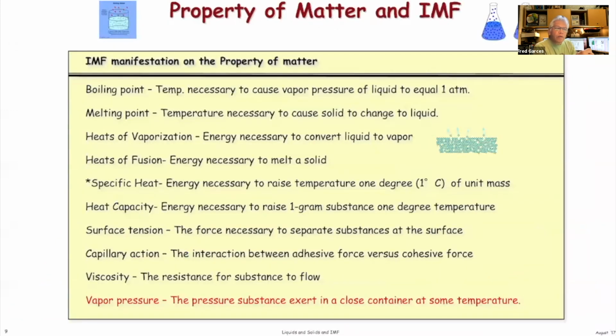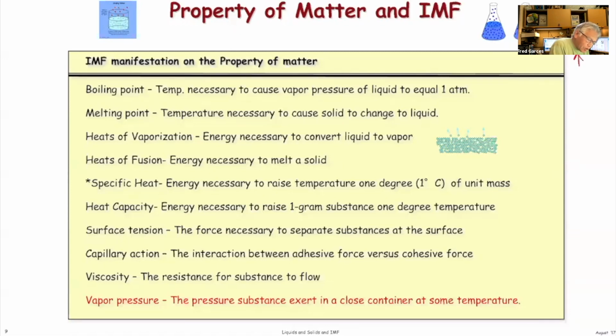Again, intermolecular forces are important because the intermolecular force manifests its phenomena on the properties of the chemical that you're looking at. Again, let's take a look at water. Water is H2O.